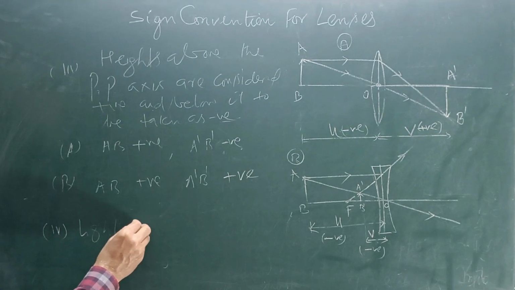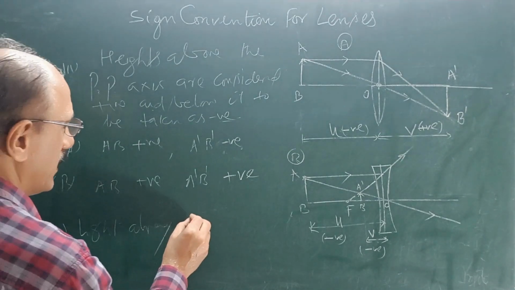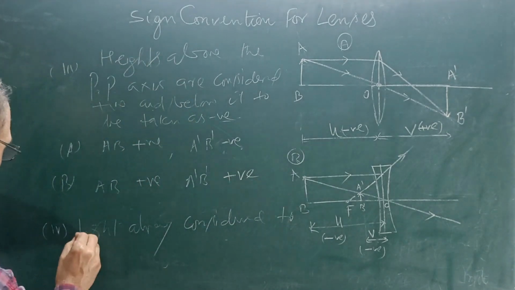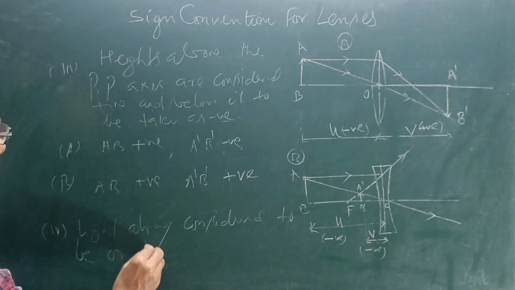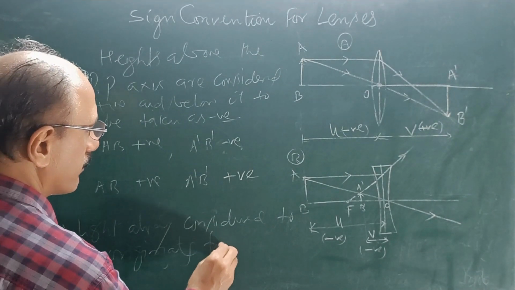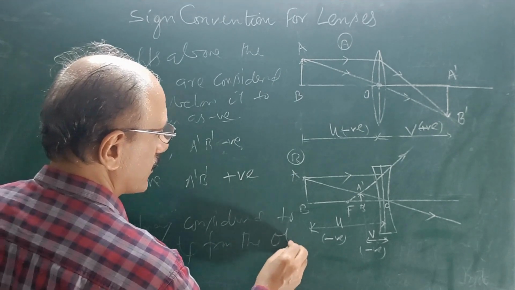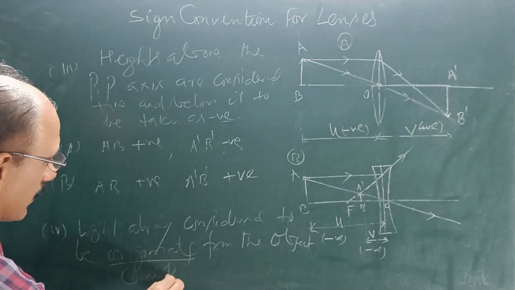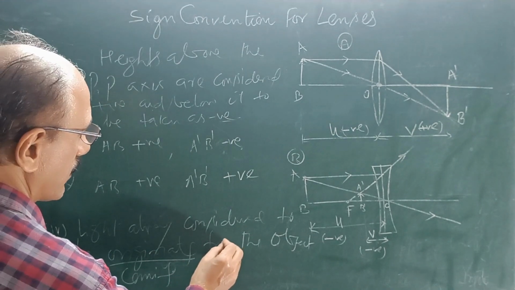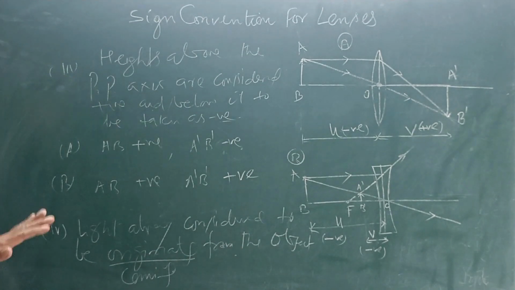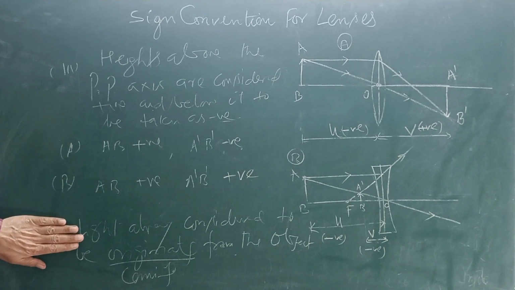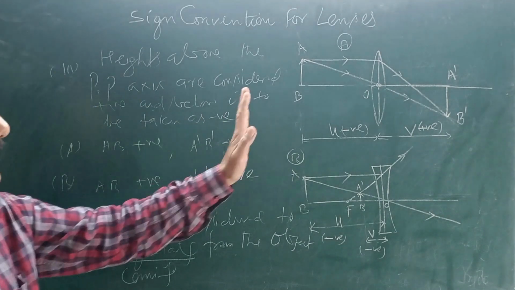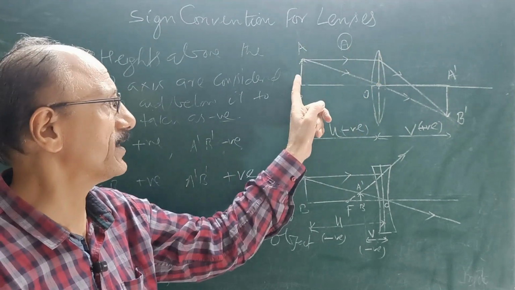So light is always considered to be originating, or coming, from the object. This is to be noted very well, that light will always be coming from the source. Source means object.